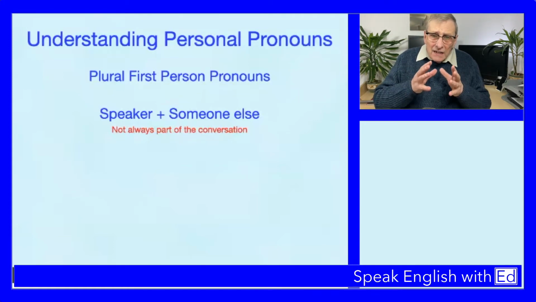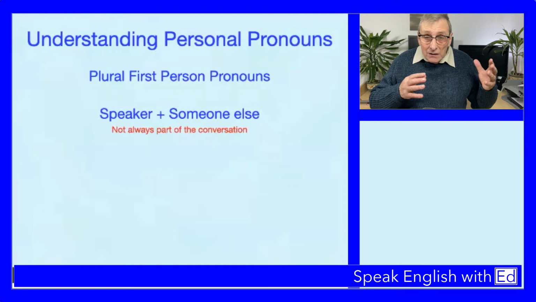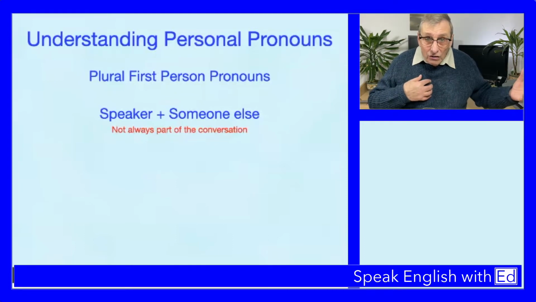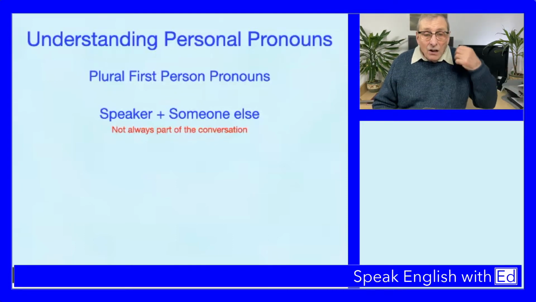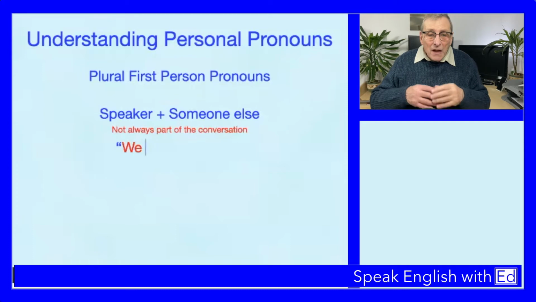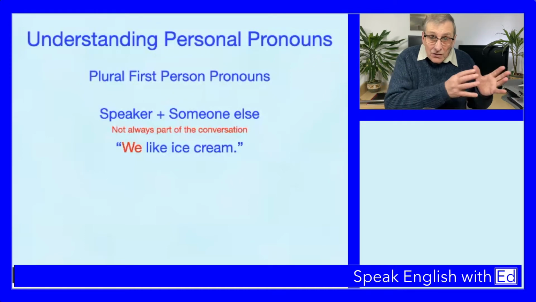So, once the other person has been identified, so the speaker at some point would say, myself and John, or John and I, would let you know that John is the other person. And after that, he would refer to him as we. So he would say things like, we like ice cream, referring to himself and John.